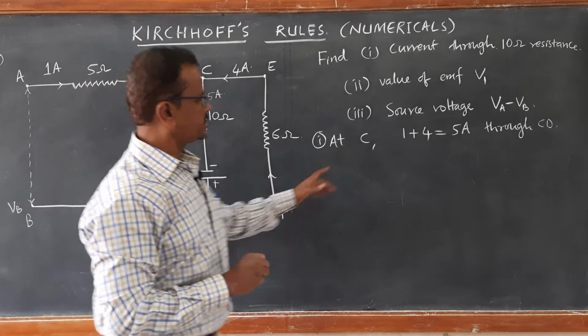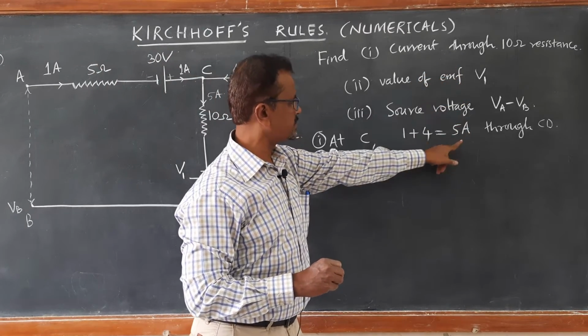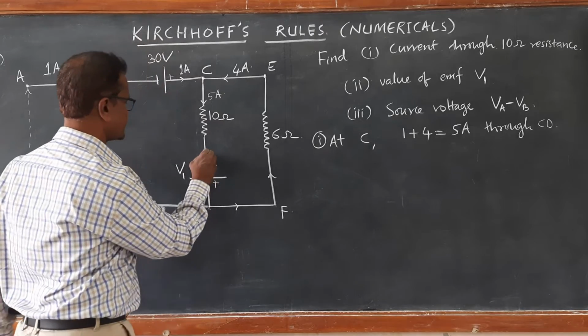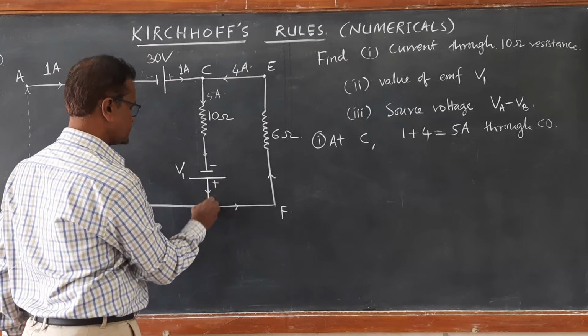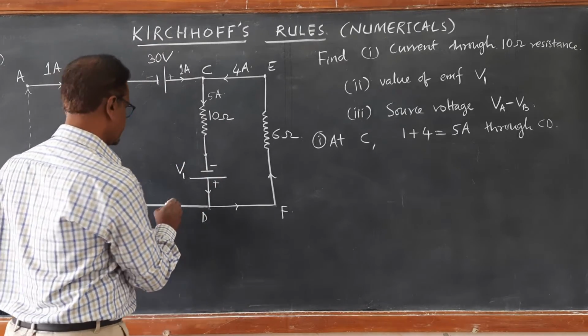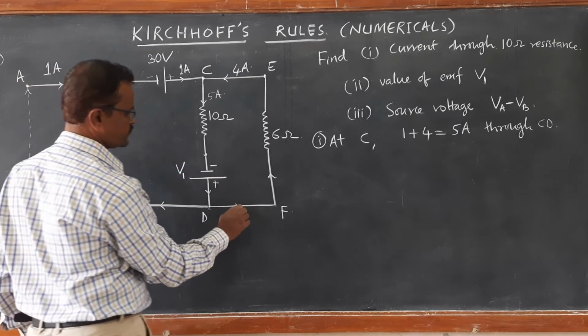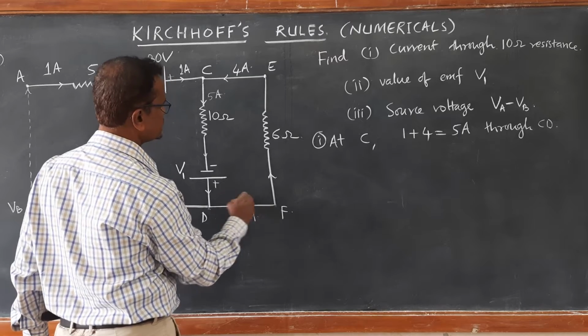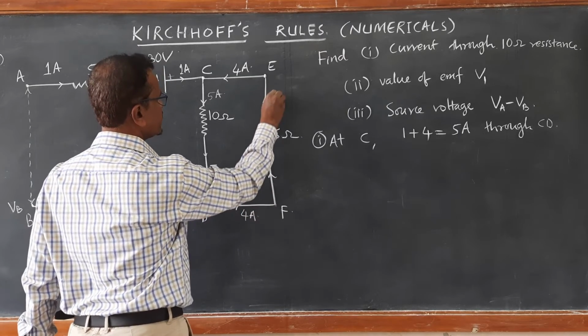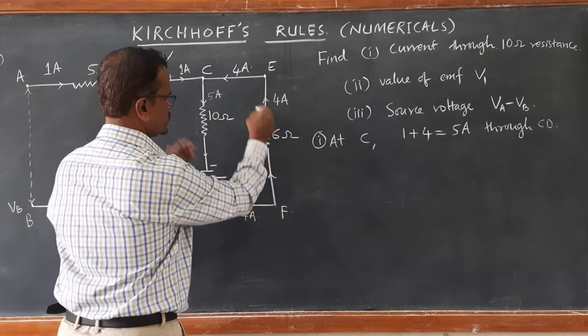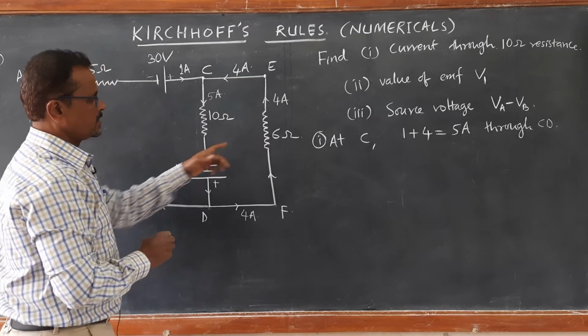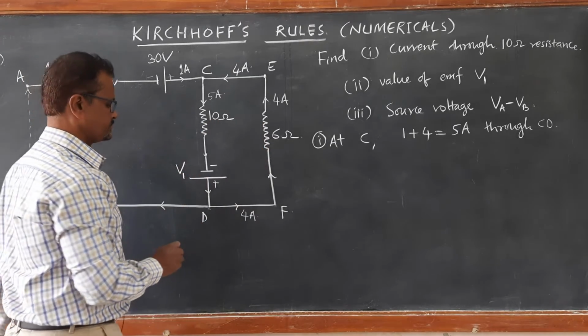Once you find out current through 10 ohm resistance, that is 5 ampere, you see this 5 ampere current continues here. After reaching D, again look at this, current entering is equal to current leaving. So 4 ampere of current is leaving out, and this 4 ampere of current passes through resistance R, resistance 6 ohm.